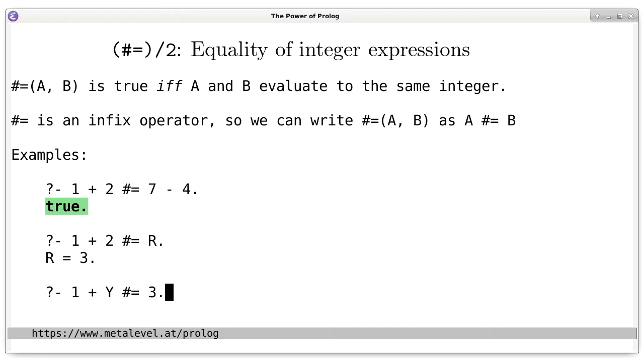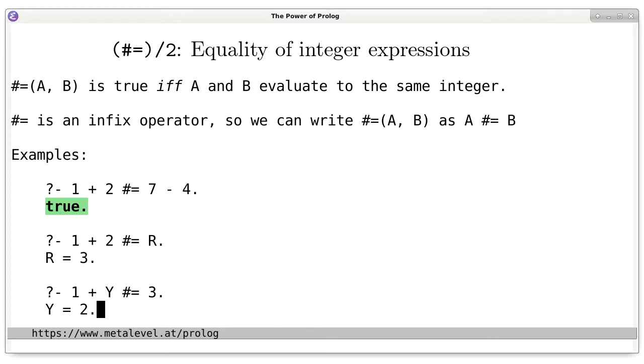Or is there some integer Y such that 1 plus Y is equal to 3? Yes, Y = 2 is the only solution. So from these examples we see that #= is a true relation and can be used with both arguments instantiated or with variables appearing in either side.